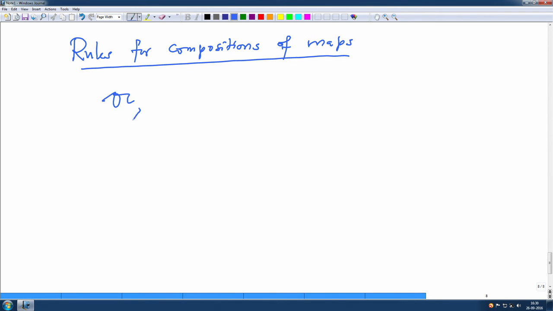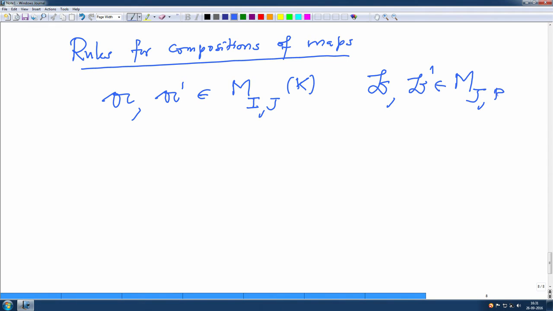So, suppose A and A prime are two matrices of the same size, that is I cross J, and we have B and B prime in M_JR, where the columns of A and the rows of B are indexed by the same finite set J. And C is another matrix from RS, where R is the set of row indices and S is the set of column indices.